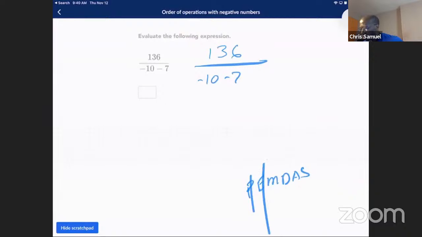We don't even do any multiplication. We do have division though. We have 136 over -10 minus 7. If you think like me, you would know that these numbers down here are smaller than the numbers up here. That means that the number we're going to get is going to be a whole number, meaning this number is greater than 1.